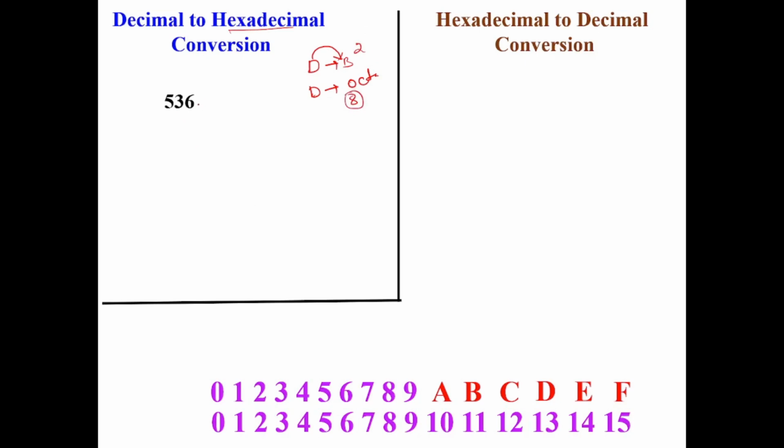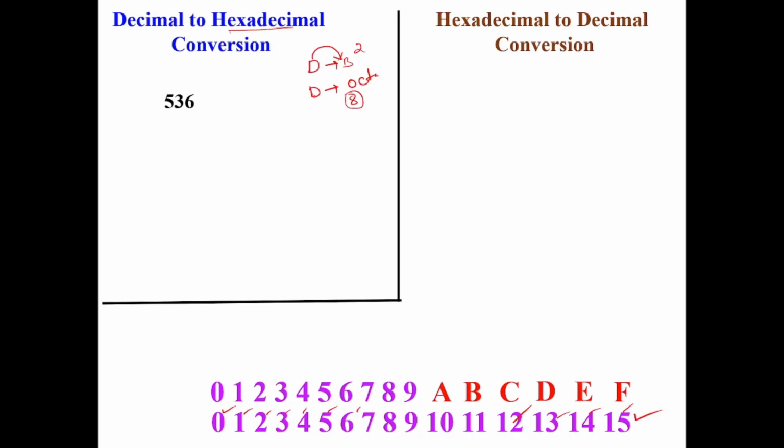In this case, we have to divide by 16 each time, until any one of these numbers 0 to 15 comes up as the quotient. When any one of these numbers comes up as the quotient, our process stops.